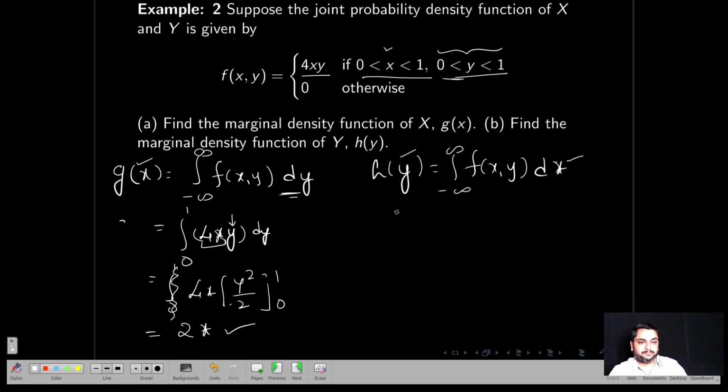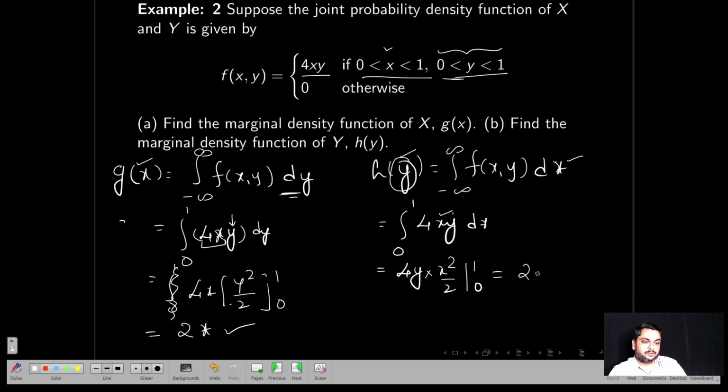Y is fixed. So we are calculating the marginal value of this. The interval for x is 0 to 1, 4xy dx. This comes out to be 4y, which is constant now because we are integrating over x. Integration of x is x square by 2 in the interval 0 to 1. So this comes out to be 2y. Okay, so this is how you find it.